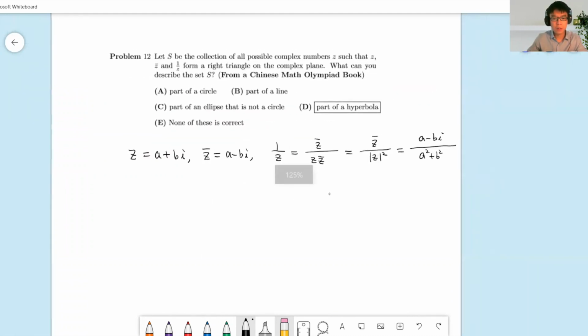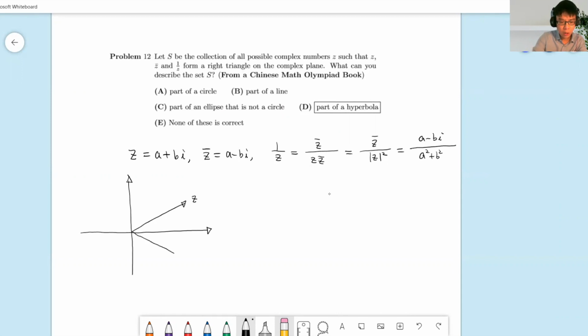Let's draw a picture to illustrate the idea. For simplicity, let me just draw z in the first quadrant, but actually z can be in any quadrant. Suppose this is z. The point z conjugate is symmetrical to z about the x axis.